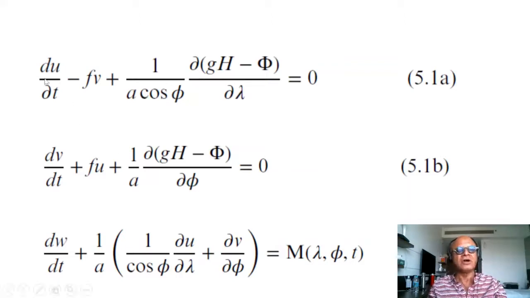You can see the geometrical terms have been dropped. So du/dt, which is the substantial or total derivative, minus f times v plus 1 over a cosine phi times the partial of (gh minus phi, the potential) with respect to longitude.